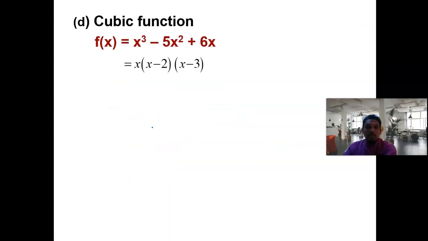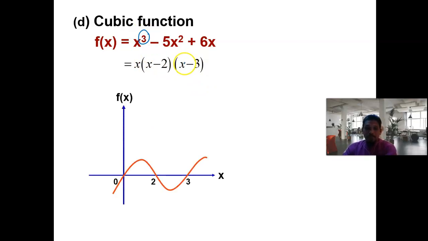Okay, cubic function. Cubic means that the highest degree of x has the power of 3 here. So this is one simple example of the graph of x cubed, or what we call a cubic function, x cubed minus 5x squared plus 6x that we factorized.